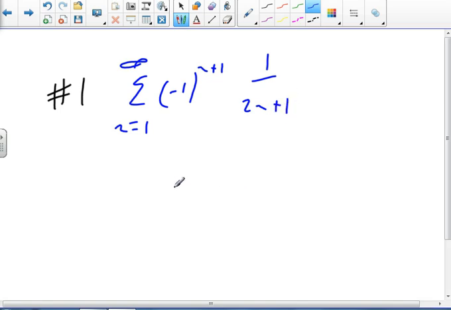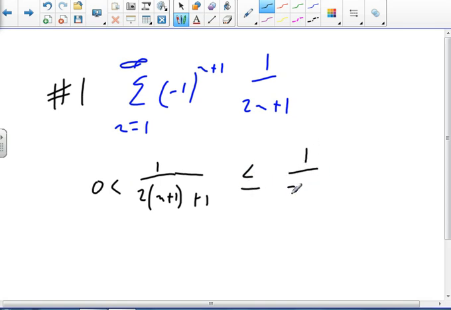All right, so the first thing I look at is: is 0 less than 1 over 2(n+1)+1, and is that less than or equal to 1 over 2n+1? So that's the question.